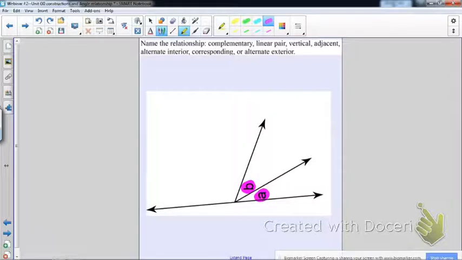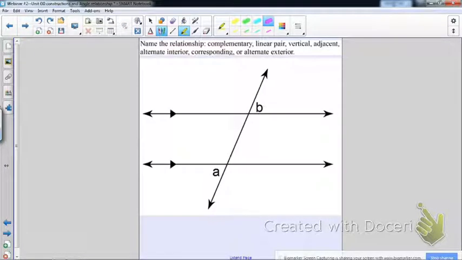Remember, these are vocabulary words that you should feel familiar with. I'm just going over them so that you understand that yes, they are going to be a part of the final, and I will be putting algebra behind them so that you understand how to do them. These are called alternate exterior angles.